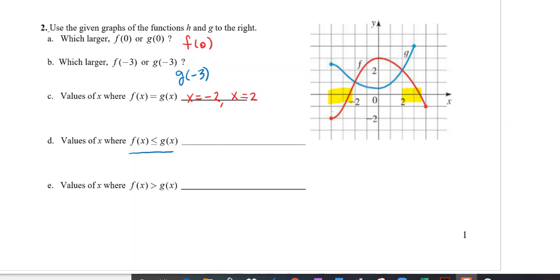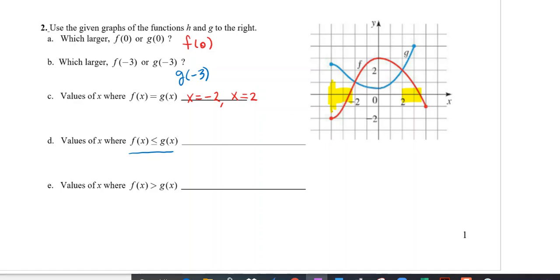Now you have to be careful when you write your intervals. Your intervals have to contain numbers in the domain of both f and g, and because of the solid dots, there are no arrows here. There are certain start and stop points for each graph. So the domain of both of them seems to start right there at -4.